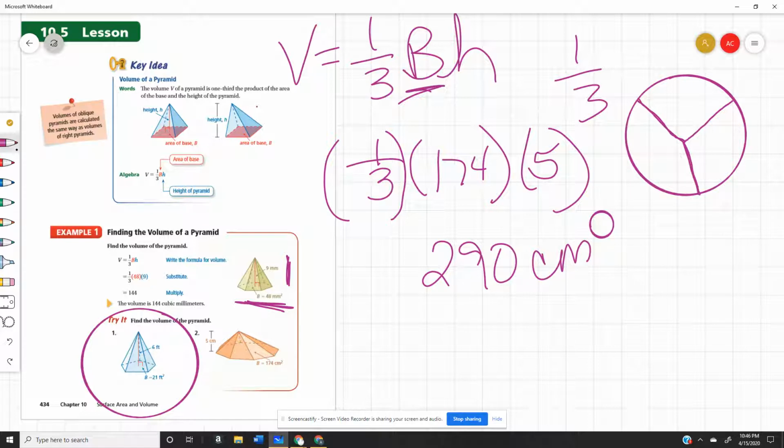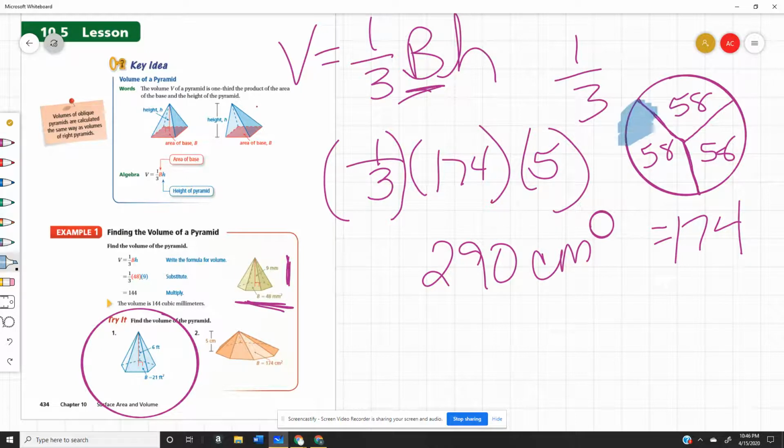So this whole thing here would be worth 174. Each one of them would be worth 58, because 58 plus 58 plus 58 equals 174. And I'm just looking at the piece that I have. So 1/3 of 174 is 58. Okay?